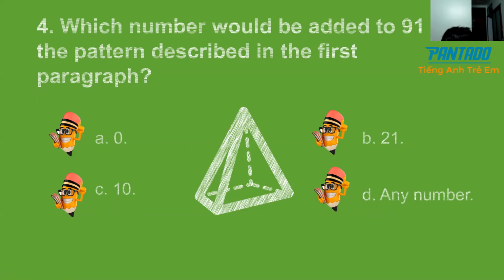Which number can be added to 91 in the first paragraph? You're the one who read it. Any number. No, it's B. Letter B. 21.